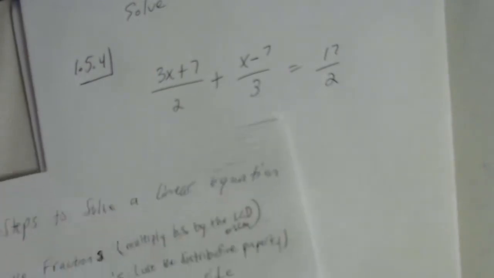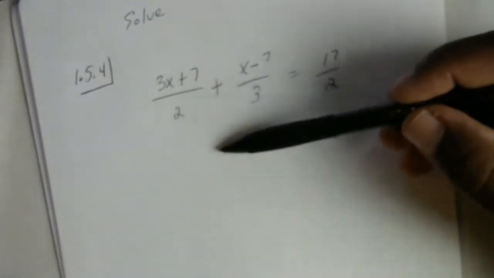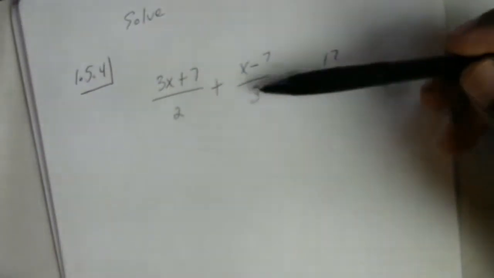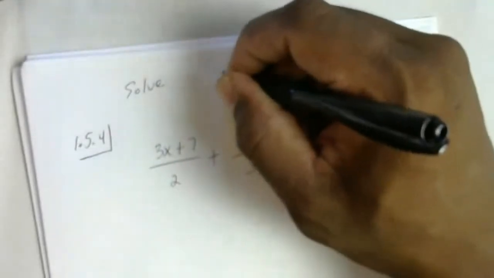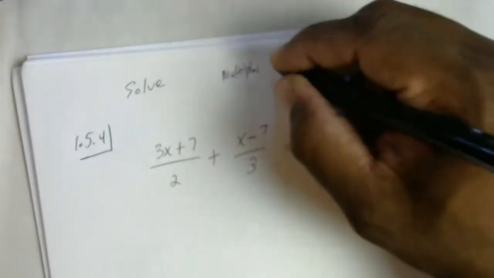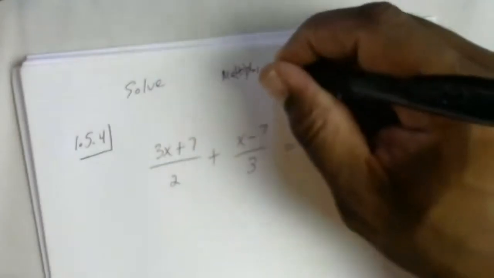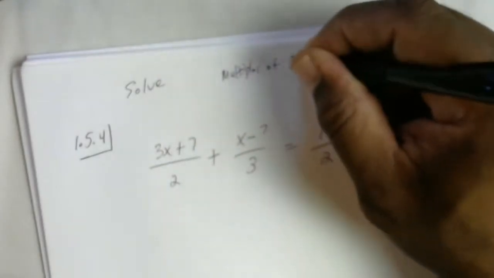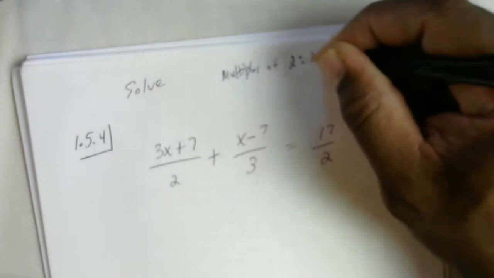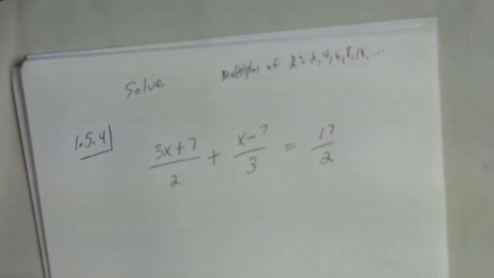Well, I'm going to use this multiple concept for a second. The multiples of, let's say, 2 would be 2, 4, 6, 8, 10, 12. So up here I'm going to put multiples. And I'm using 2 because 2 is my denominator. So my multiples of 2 are 2, 4, 6, 8, 10, and that'll keep on going forever.